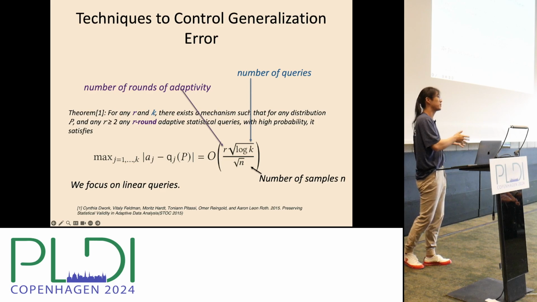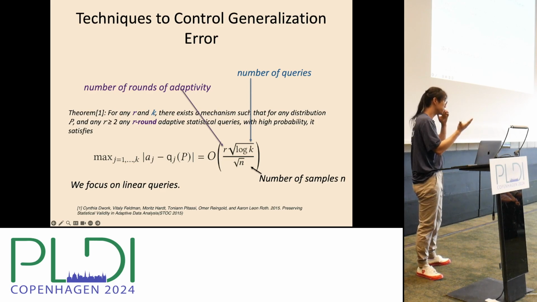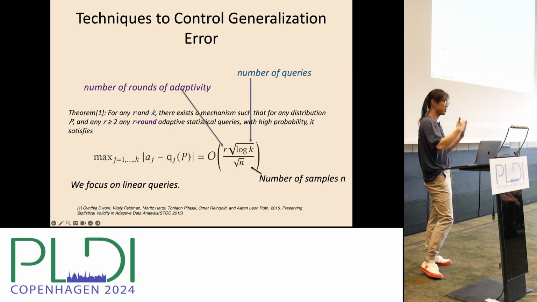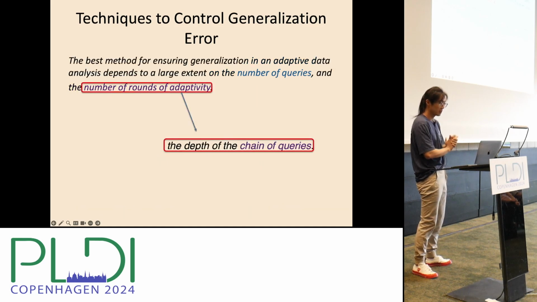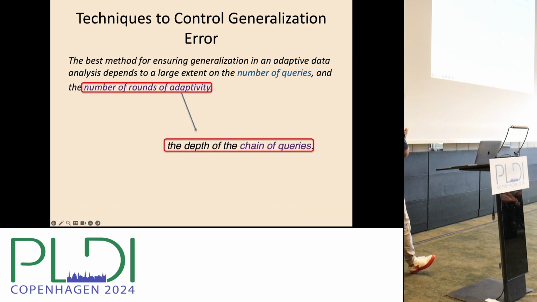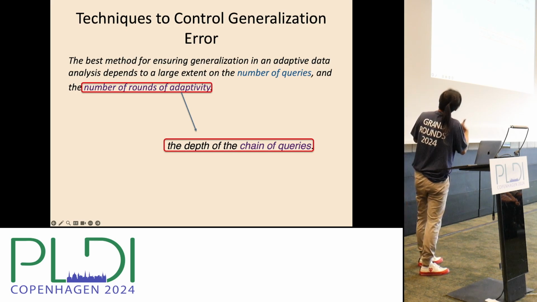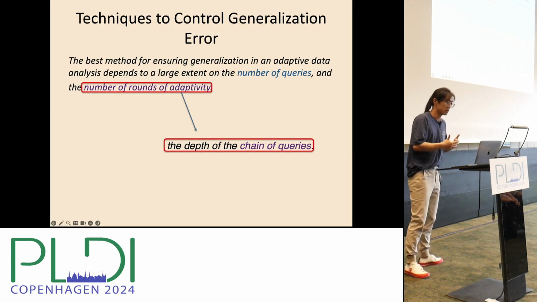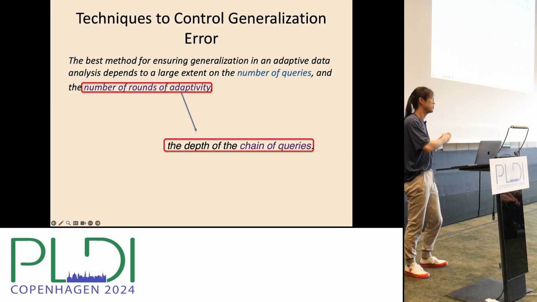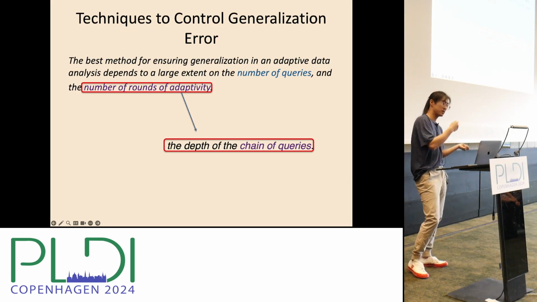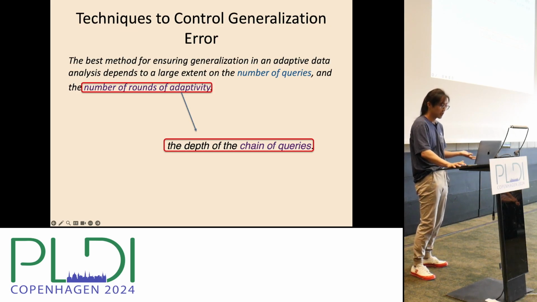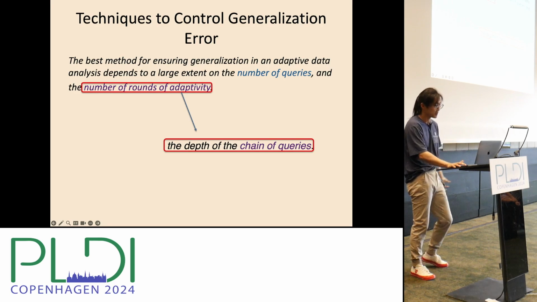The first two factors are easy to understand, so we'll focus on the number of rounds of adaptivity, which can affect our choice of the best mechanism for an adaptive data analysis algorithm. It is defined to be the depth of the chain of queries.